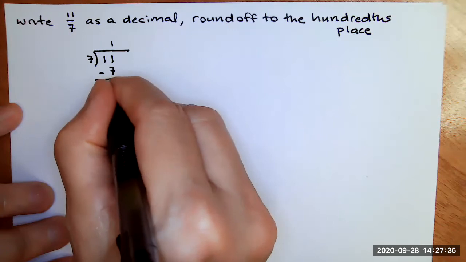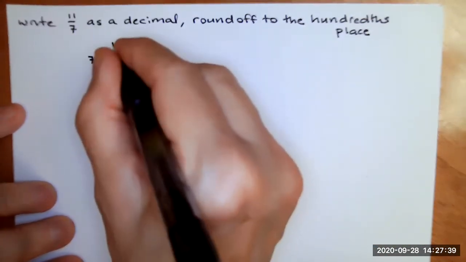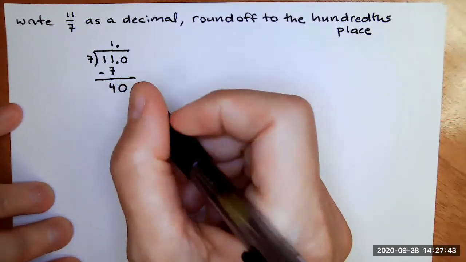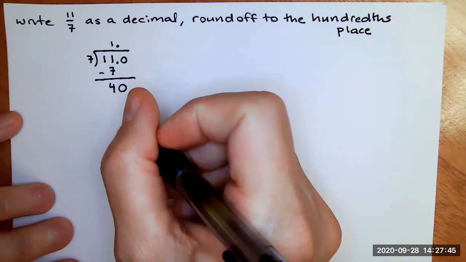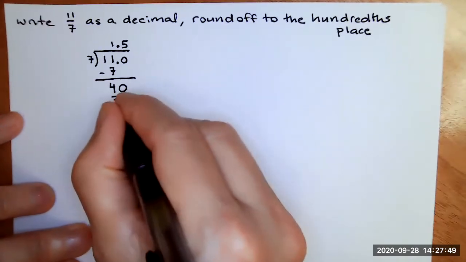Subtract, and we get 4. If I want to add zeros, I have to put that decimal point first. So 7 goes into 40 5 times.